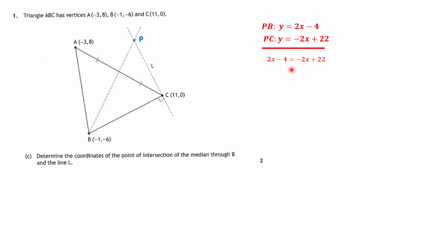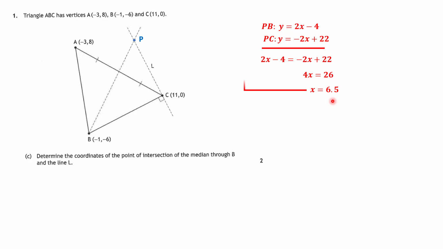All we can do is say that they're equal to each other, because this is an expression for y and this is an expression for y. So 2x take away 4 equals -2x plus 22. So we can say 4x, take this x to the left and then take the -4 to the right. We get 4x equals 26, so x equals 6.5.